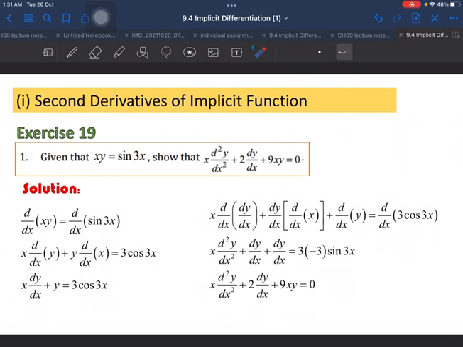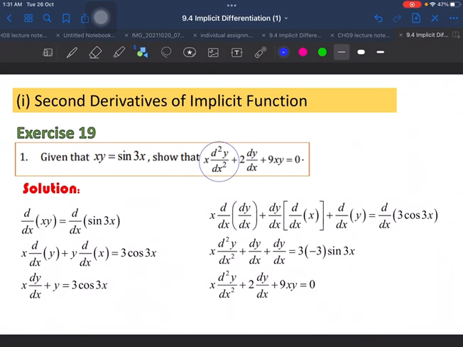Cuma dekat sini kelas, kalau kita perhatikan, show that x d square y over dx square, kat sini memberi satu clue bahawa kita perlu melakukan sampai second derivative. Okay class, first we do first derivative.